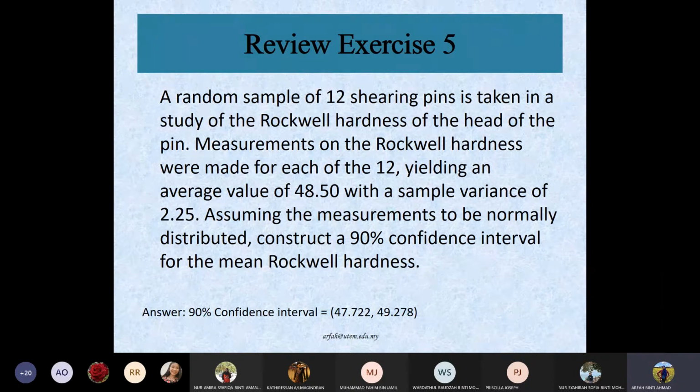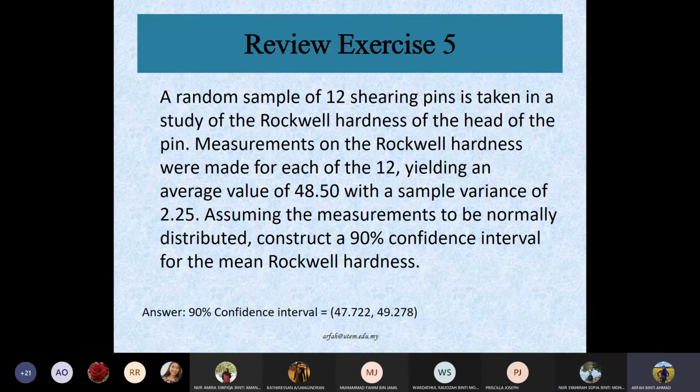Okay, 12 tu apa yang dia bagi? N kecil. Okay, betul. And then 48.5, x bar, betul. And then 2.25, s, yep, betul.